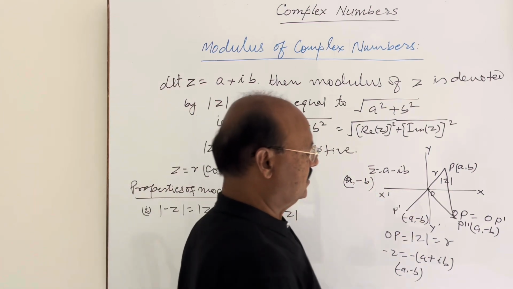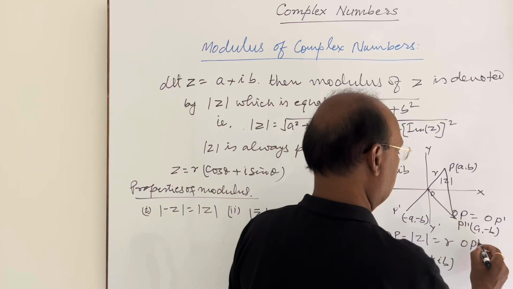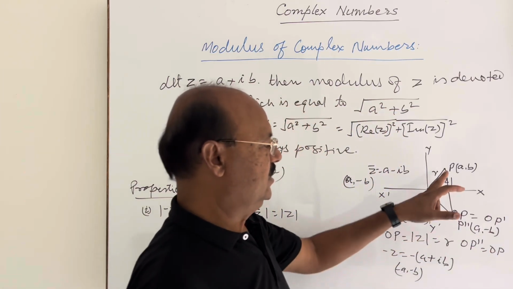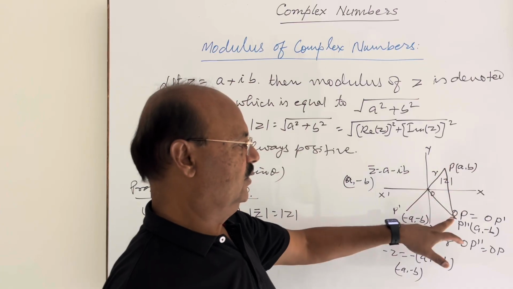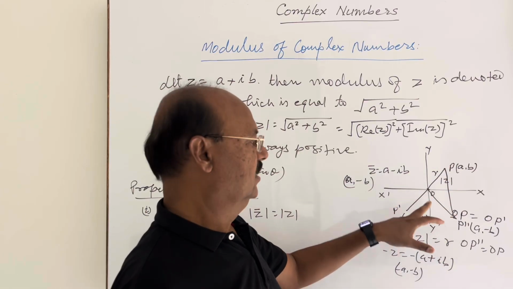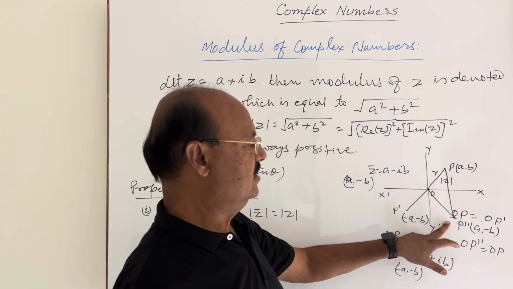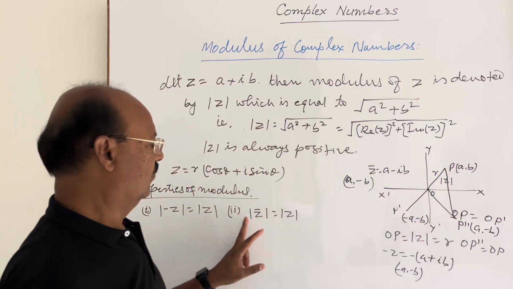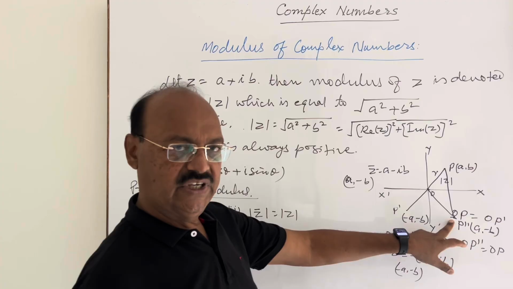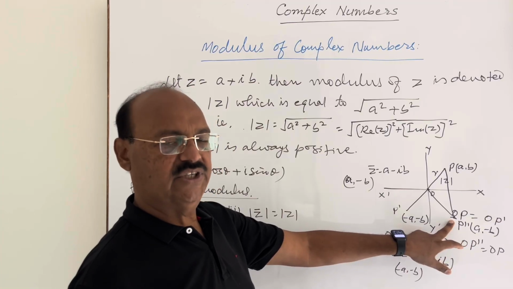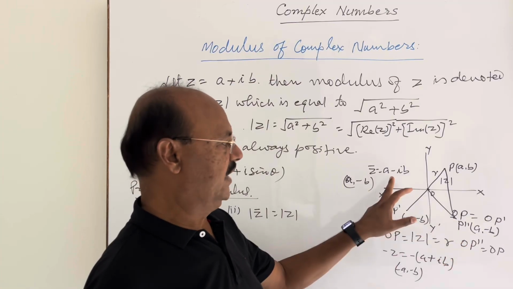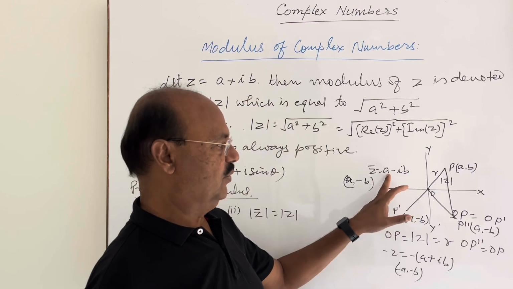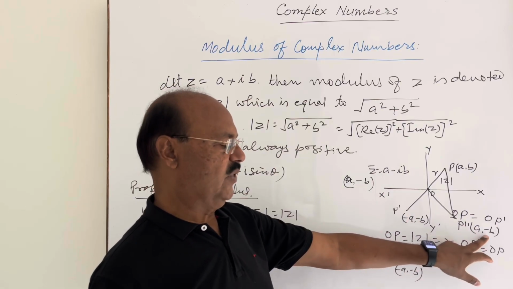So in this case, O P double dash is also equal to OP, because this is the image of point P with respect to x-axis. That's why this point P double dash represents z bar, conjugate of z, a minus ib. Real part is a, imaginary part is minus b.